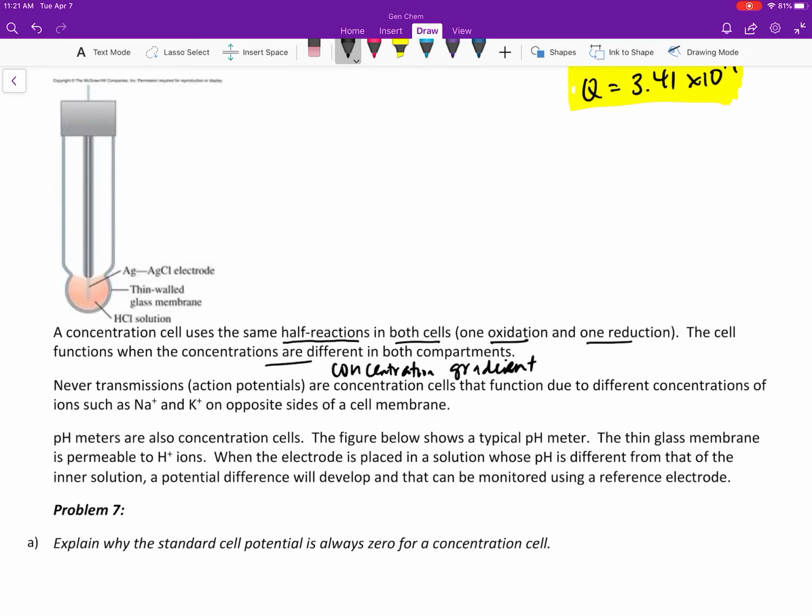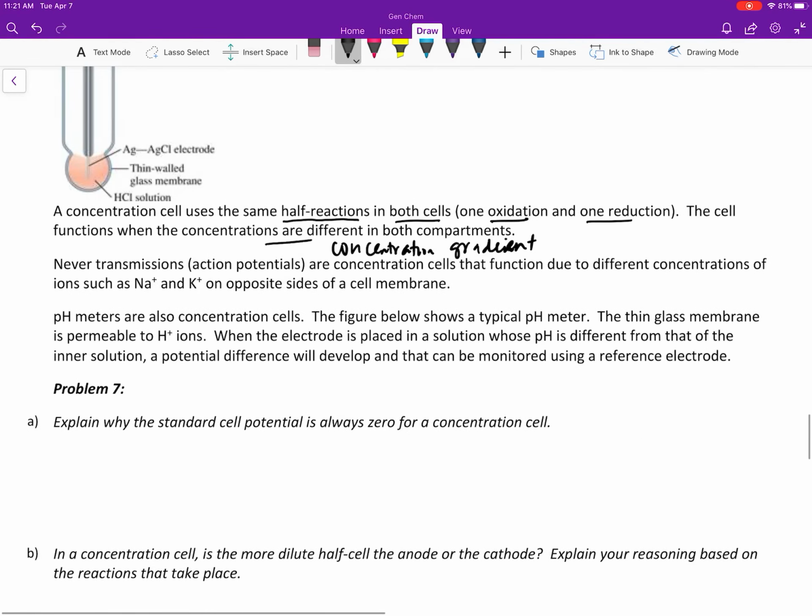Nerve transmissions, specifically like your sodium-potassium pump, operate by the same thing. It's by a concentration gradient across a membrane, and even though these concentration cells, like in a lab, don't necessarily have a membrane in the same sense that your cells do, they're going to have some sort of membrane which allows selective transport through.